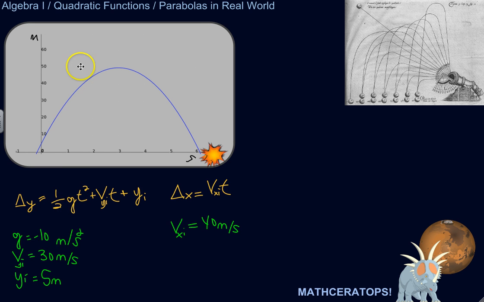And I'm going to call it negative because it goes in this direction. We'll call this direction positive. So 1/2 g times t squared, where t is time, however much time has passed in seconds, squared, plus vy initial, the velocity in the y direction, or up.